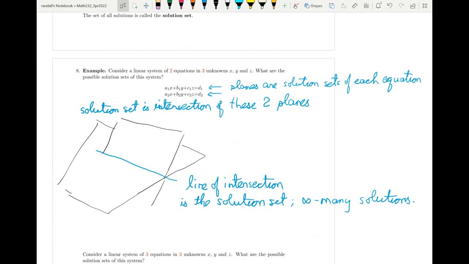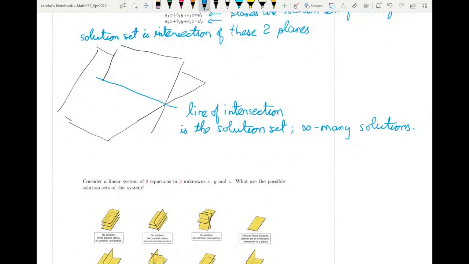But you could have the case of no solution if planes are parallel and non-intersecting. That's similar to the two lines above that are parallel and non-intersecting.